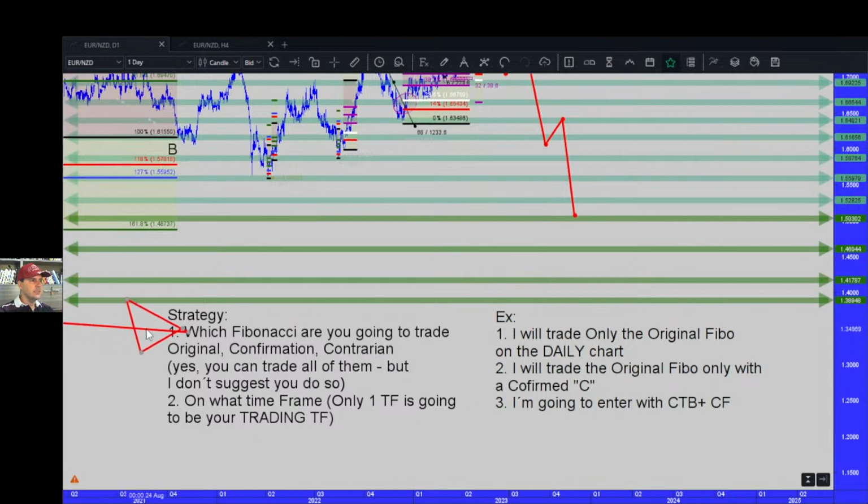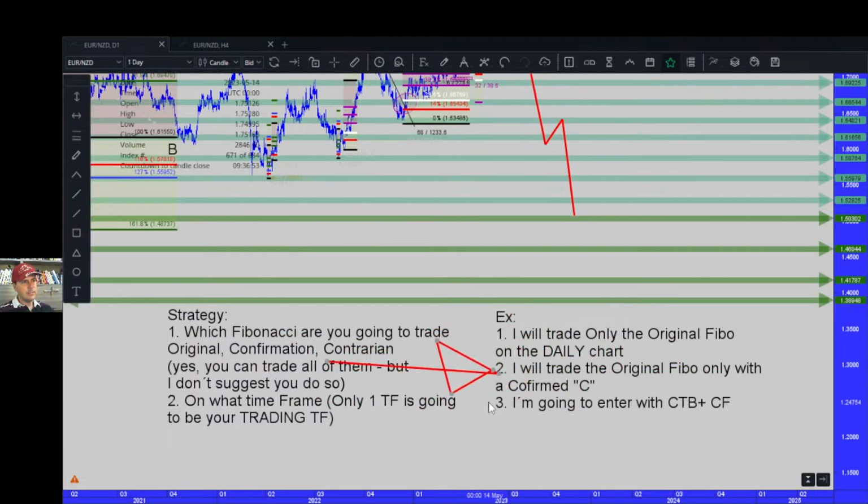Okay, so which Fibonacci are you going to trade? I will trade only the original Fibonacci. Number 2, on what time frame? I will trade only the original Fibonacci on the daily chart. Okay, now number 2, I will trade the original Fibonacci only with a confirmed C, or maybe not, right?